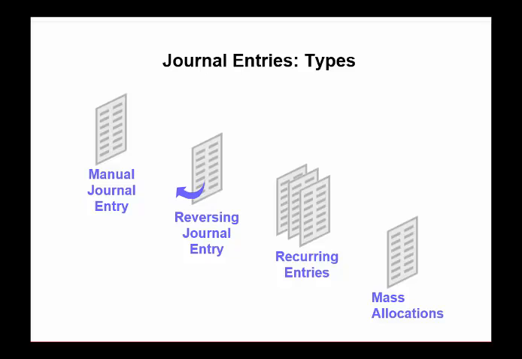The mass allocations, now this will become more clear when we do managerial accounting, and that's when a particular expense is allocated to different cost centers. So we can pay one bill for electricity to the electricity company. Let's say we paid $2,000 for that month. Now, it is recorded in financial accounting. That would be a manual journal entry.